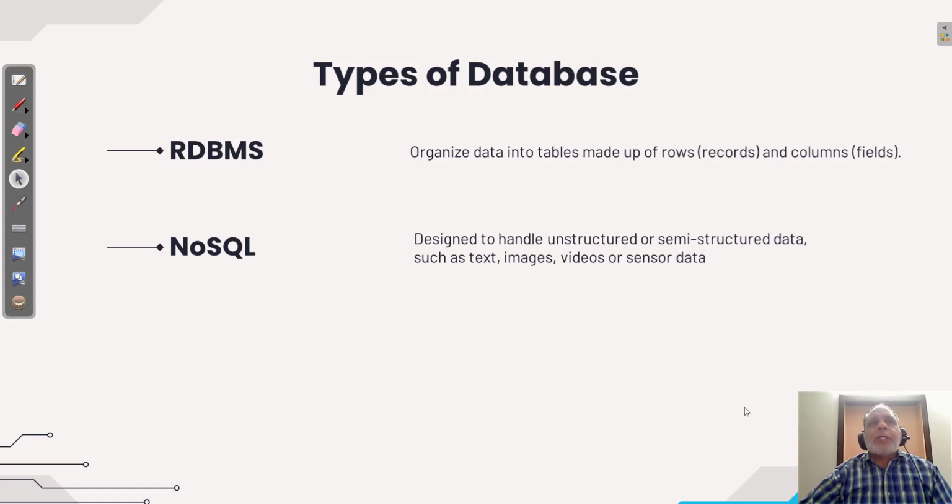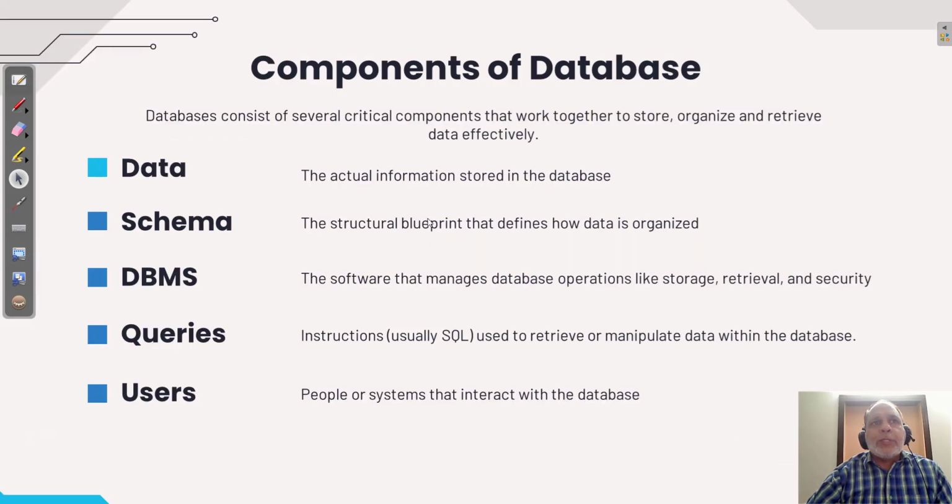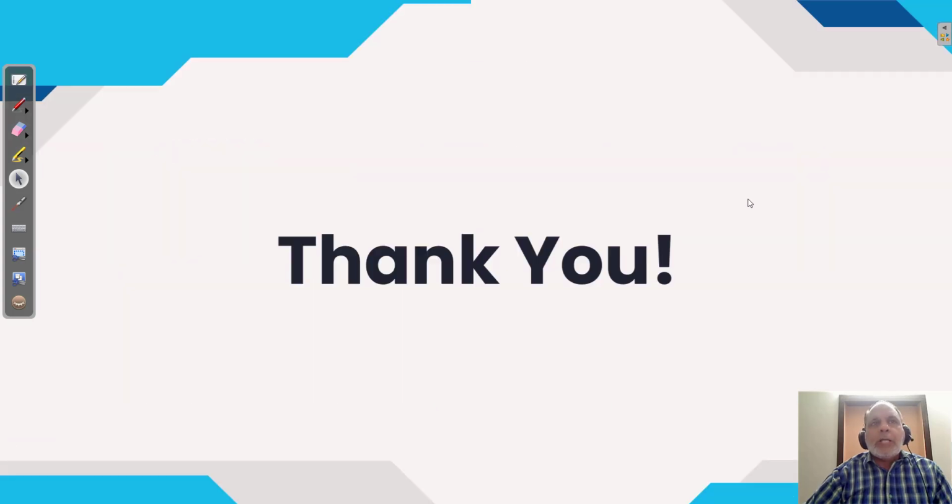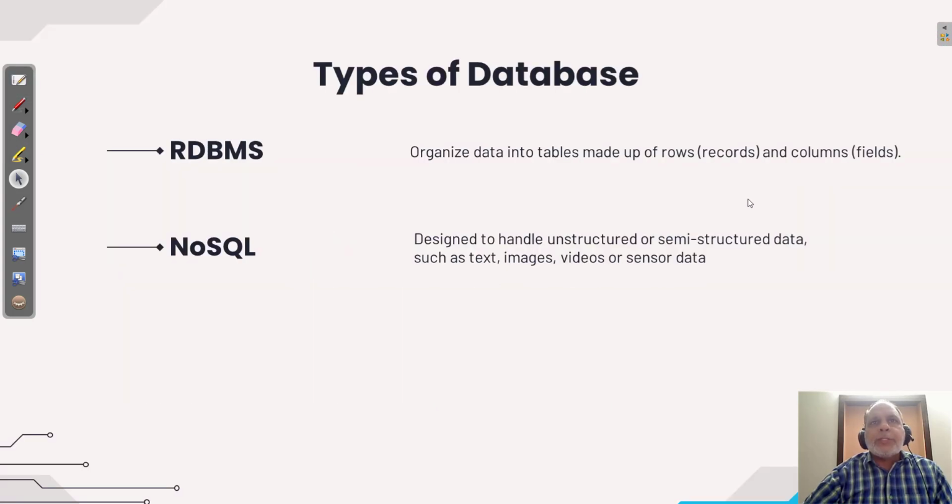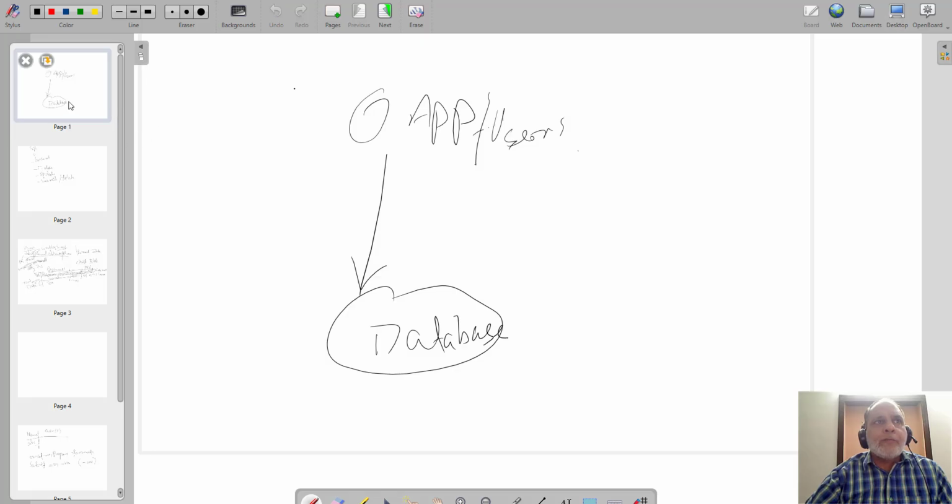Okay, different types of database. The first one is the RDBMS. RDBMS organizes data into tables made of rows and columns. We will discuss in more detail in the next video what the RDBMS is. It is called RDBMS because it has relationships between the tables. One table is affiliated with another table, just like we have seen here.